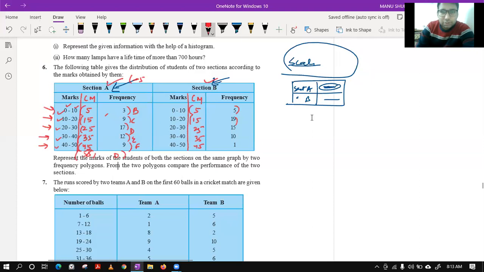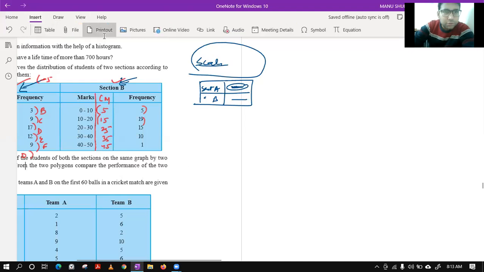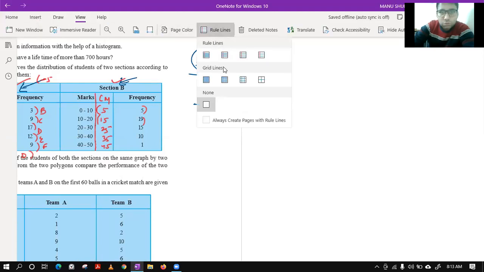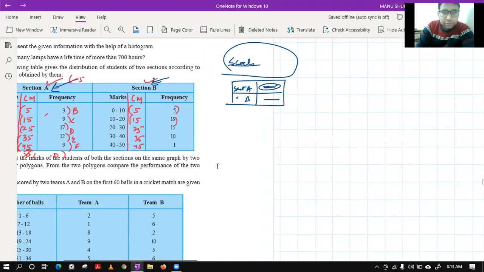Now let's see how we can draw this. One second, let me take that page. Hide this panel. View grid lines. You can use this one. Okay. So you can see.